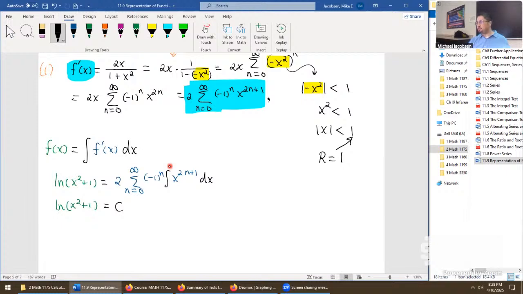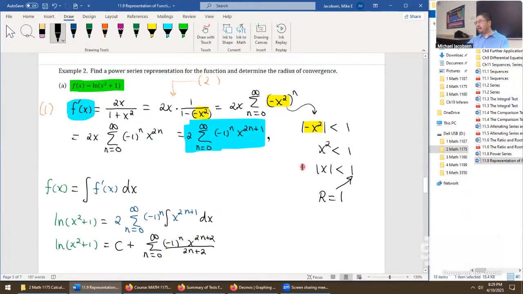So we should throw that in just right away. It's going to be a constant c plus. Now, we can throw in the sum from 0 to infinity, -1 power of n. Finally, right here, we integrate. Power goes up to power 2n plus 2. X power 2n plus 2. Divide by 2n plus 2.